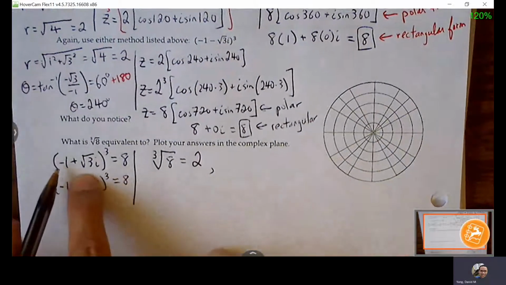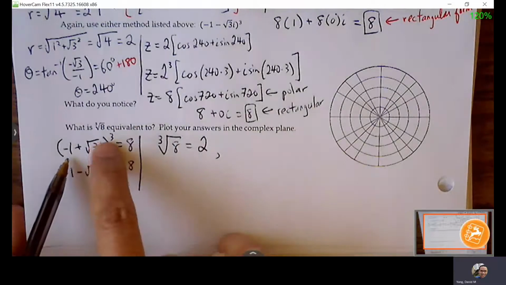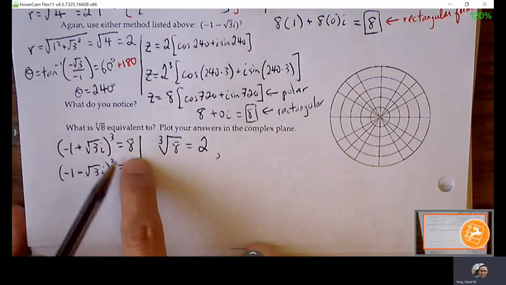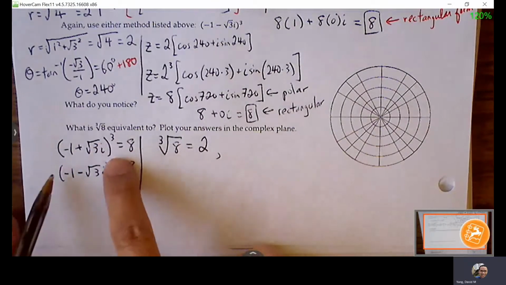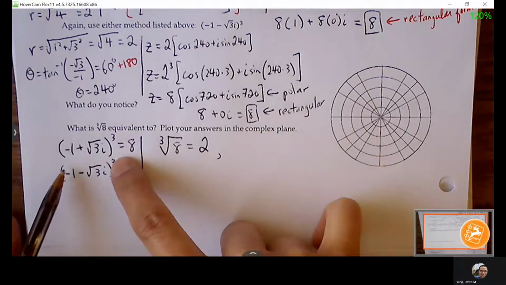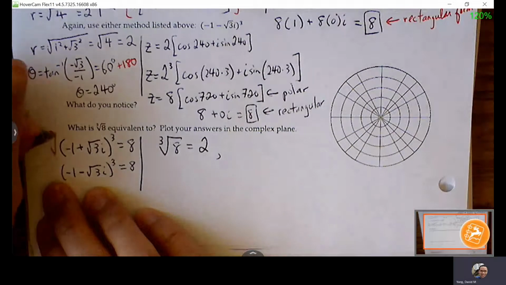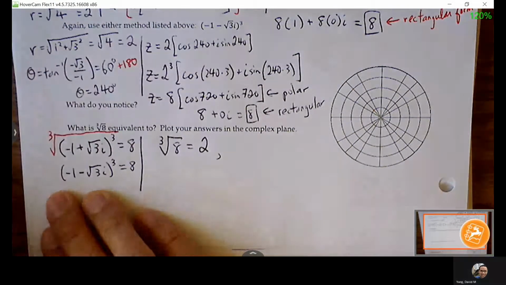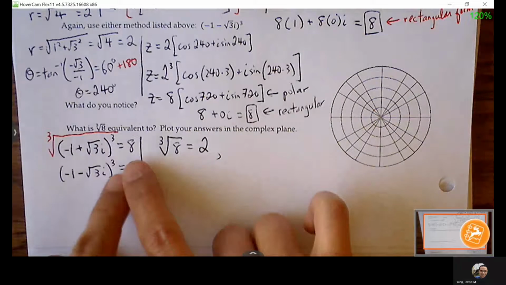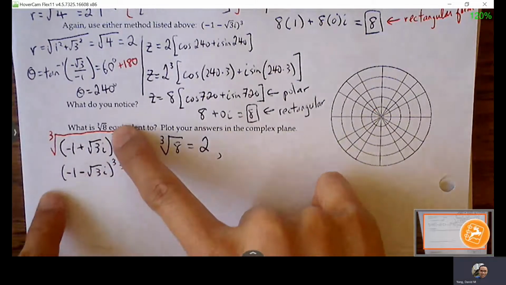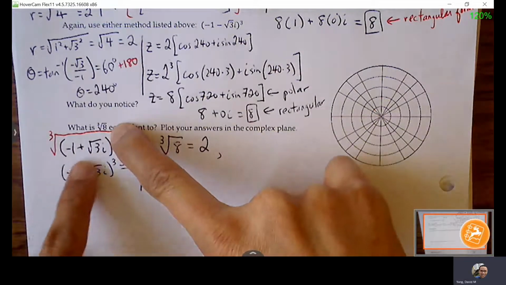But if we know that -1 plus root 3i cubed is 8, then another way to think of it, cube root of 8 is also equal to what? What's the cube root of this expression? Just what? -1 plus root 3i, right?